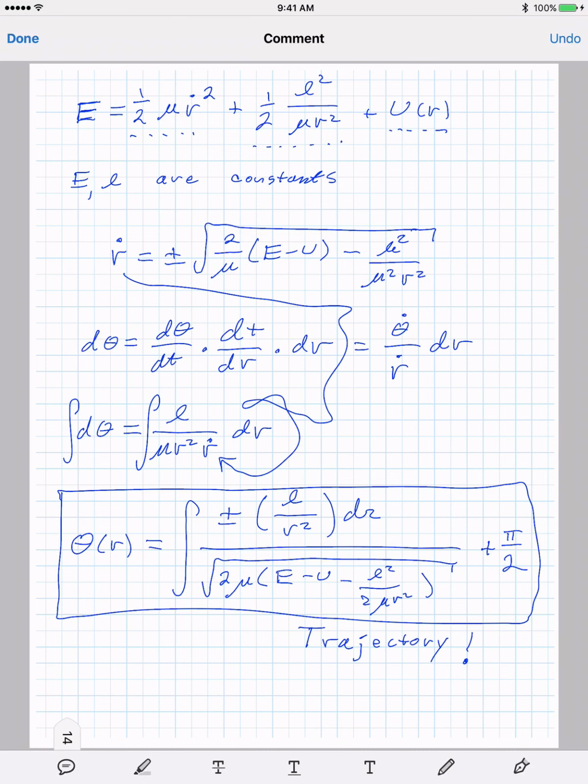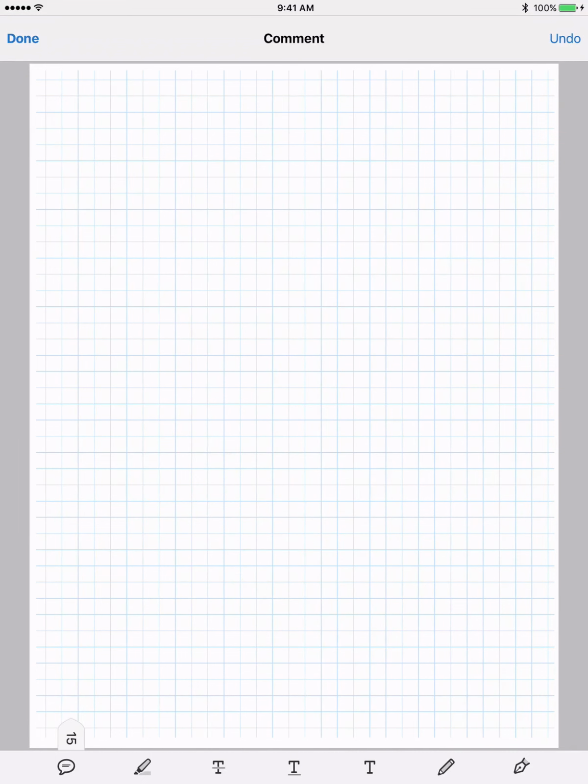So let's go ahead and solve this. What we want to do is a substitution of variable, where we use the fact that we've got a 1 over r dependence, which is showing up in several different places in that integral. So let's make the substitution that u is equal to 1 over r. And so then I can write theta as a function of u.